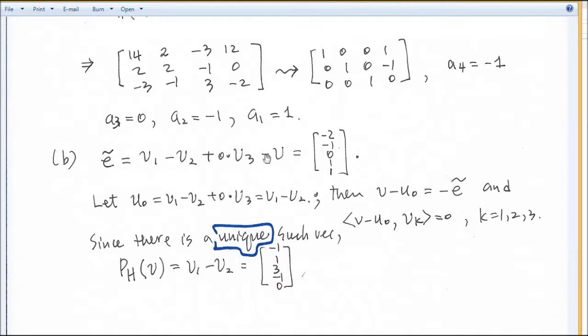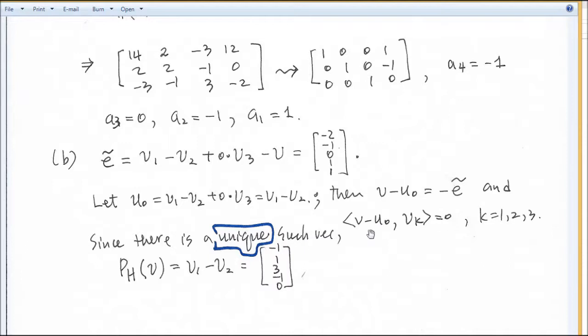As you see here, this is actually something minus v, not v minus something, but that's just a negative. And that's this vector e tilde in here. So v minus u0, if I call that one u0, then it's negative e tilde. E tilde is always perpendicular to V1, V2, V3, right? Negative, you can factor it out. It's a scalar.